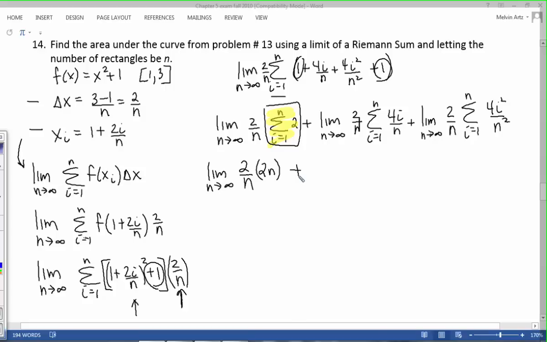Plus, now over here with the next term, what we're trying to do is get i by itself in front of the summation notation. So let's bring out this 4 over n and multiply it by our 2 over n. So we'd have 8 over n squared.